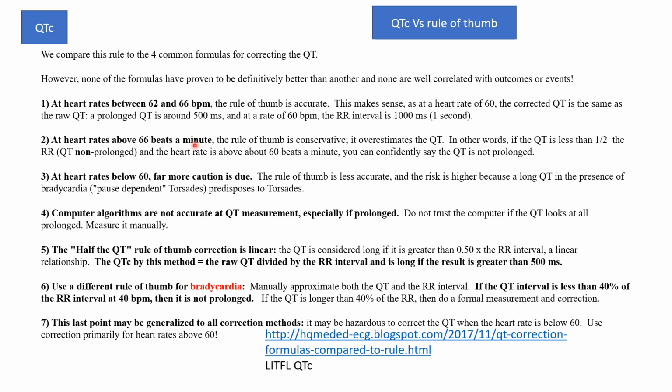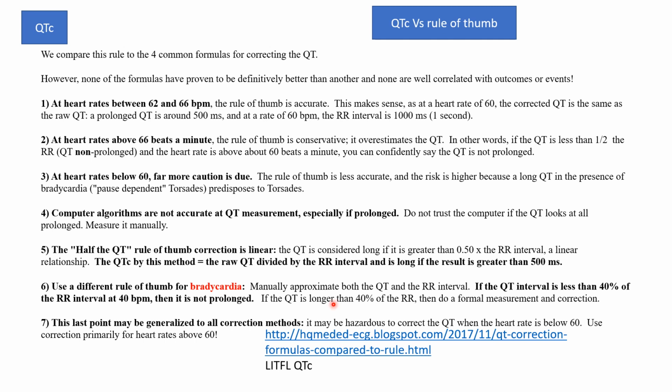So that is what Dr. Smith talks about here. It's good if it's normal frequency, specifically 62 to 66. But if the rate gets much faster than that, it will be a more conservative estimate, and it will overestimate the QTC. If it becomes really bradycardic, then it'll be falsely negative. So be careful of using it, especially in bradycardia.